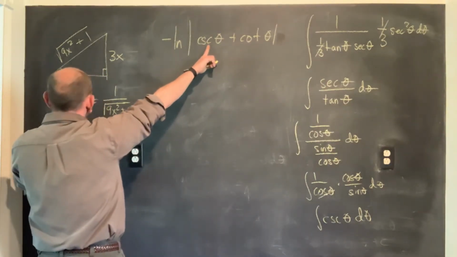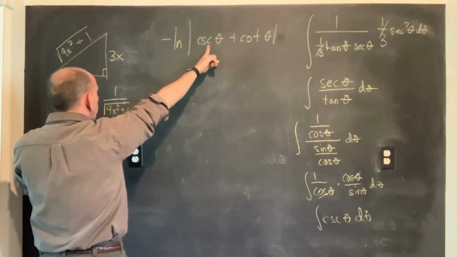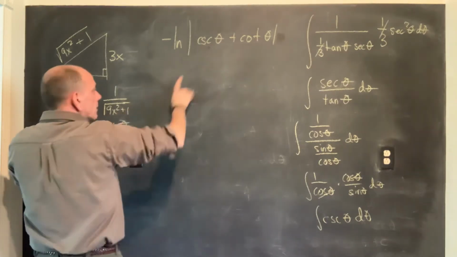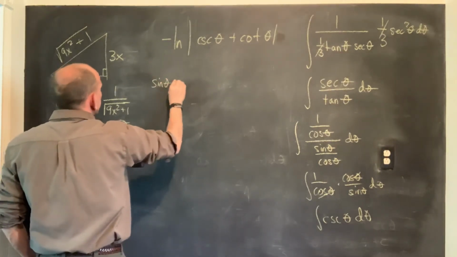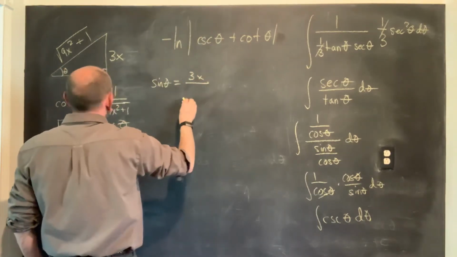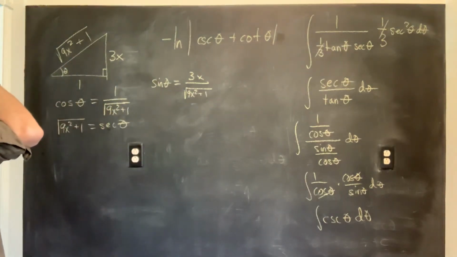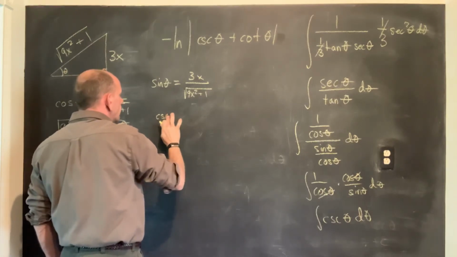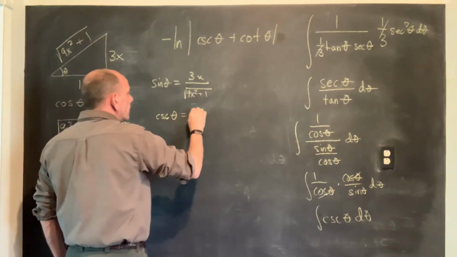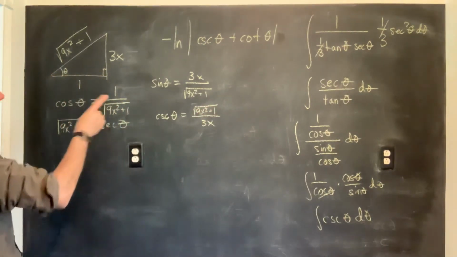Cosecant is 1 over the sine. Sine of theta is opposite 3x over the root 9x squared plus 1, opposite over hypotenuse, and the cosecant is the reciprocal of that. Cosecant theta is the root 9x squared plus 1 over 3x. So we got that bit.